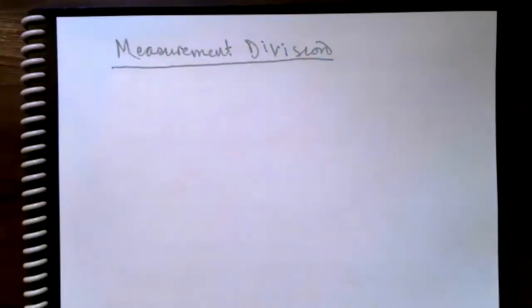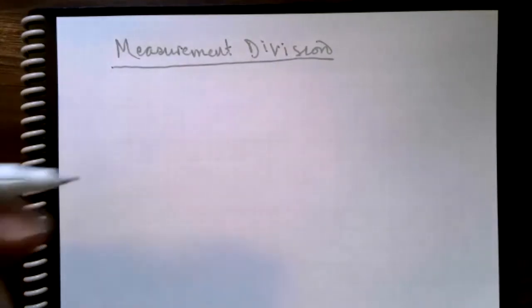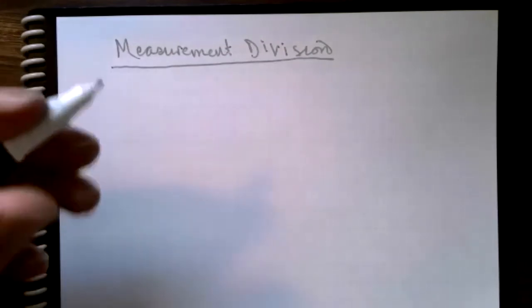Okay, so let's talk about how we could interpret this in the measurement division sense.